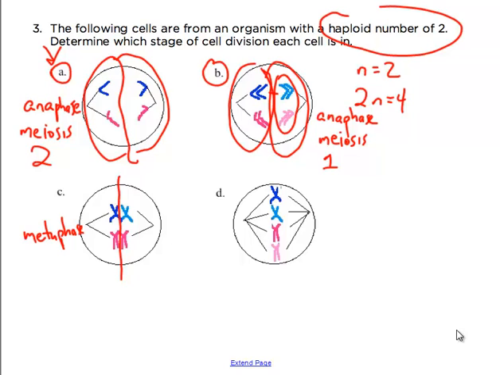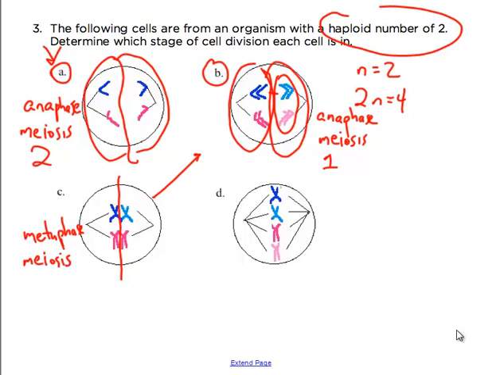So is it meiosis or is it mitosis? Well, the sister chromatids are lining up next to each other, and really C is related to B, at least in our mind. C actually occurred right before B, right? Metaphase happens before anaphase. Since the sister chromatids are lining up, it has to be meiosis.